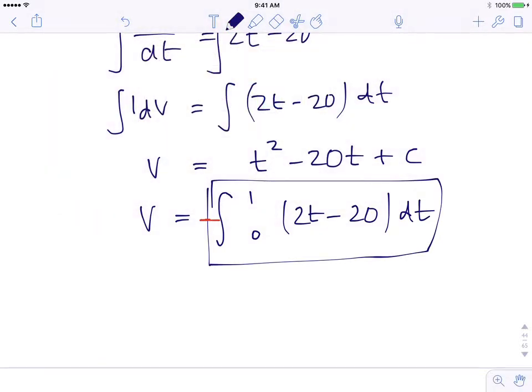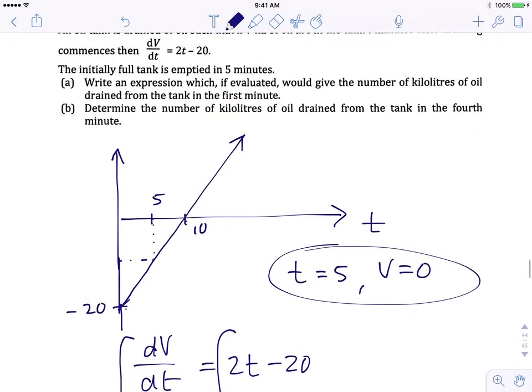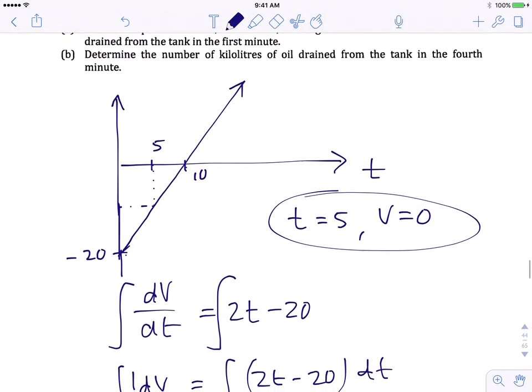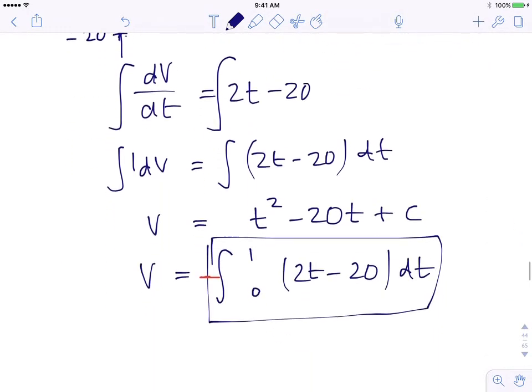Now in part B, we want to find the number of kilolitres of oil drained from the tank in the 4th minute. The 4th minute goes from 3 to 4. So how much volume is in the tank after 4 minutes, minus how much volume was in the tank after 3 minutes?